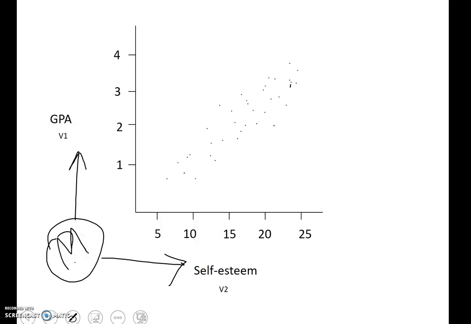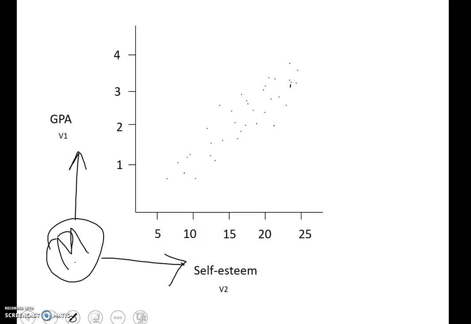Maybe students who are highly motivated, I'm going to put an M in there, maybe students who are highly motivated study more and end up getting better grades, and students who are highly motivated do other things in life that make them feel good about themselves, so they end up having high self-esteem. Likewise, students with low motivation would not study as much, so they would get lower GPAs, and if they have low motivation, they might not achieve much in other aspects of their life, which causes them to have low self-esteem.